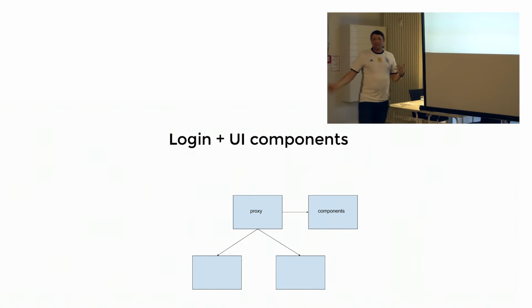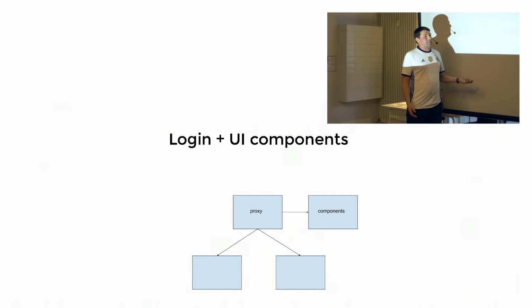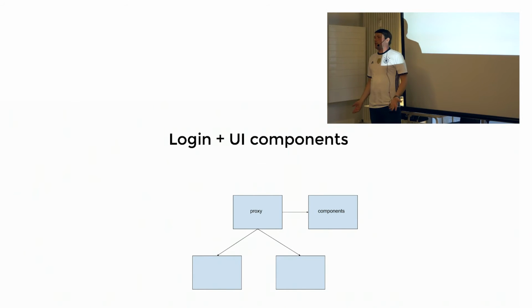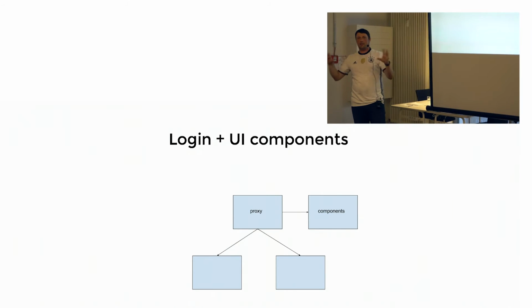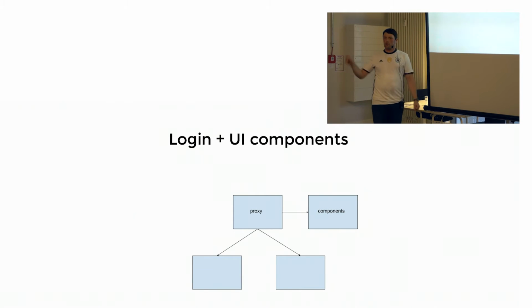So how to deal with that? There's a common problem. All of them need to log in. All of them need the same kind of navigation on the top of the page, the same search box, and the same analytics script included.